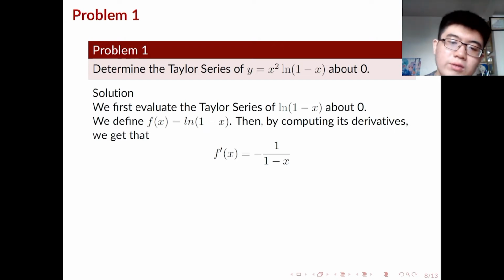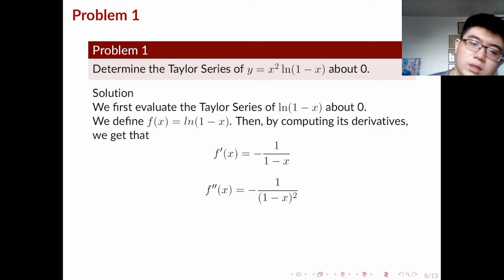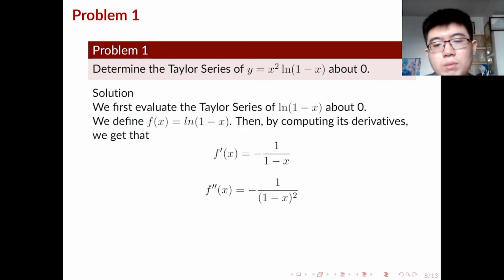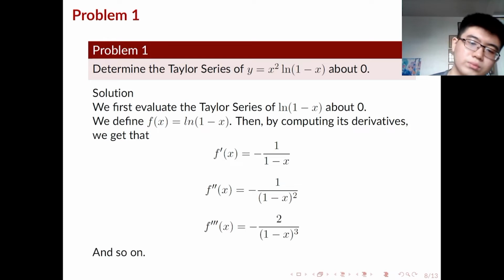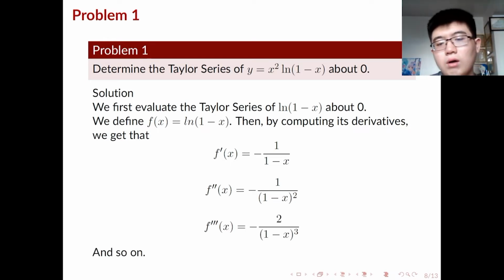The first derivative of f is negative 1 over 1 minus x. The second derivative of f is negative 1 over 1 minus x squared. The third derivative of f is negative 2 over 1 minus x cubed. Notice a pattern. Every time we take a derivative, the denominator grows by 1 degree.